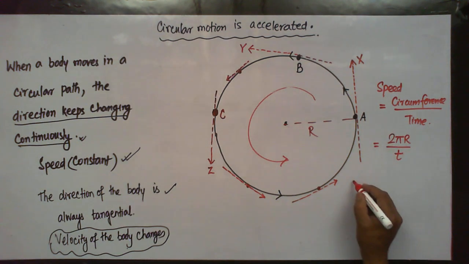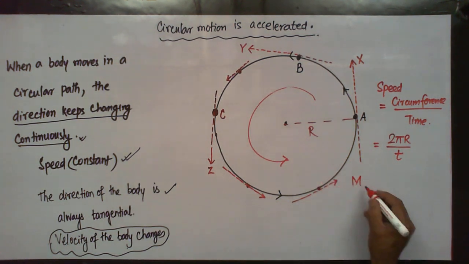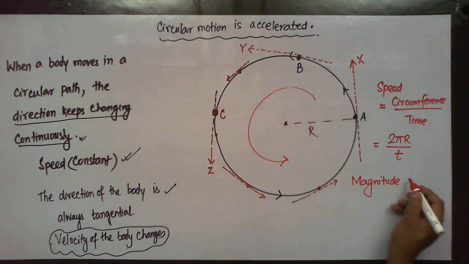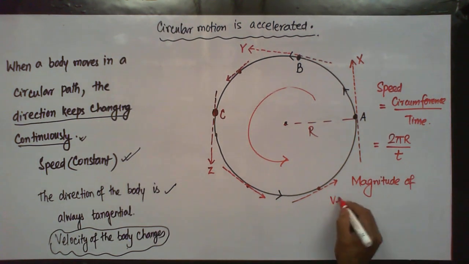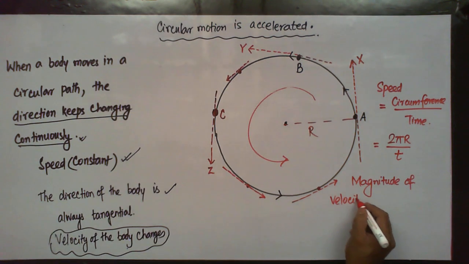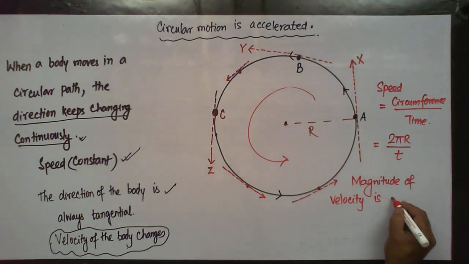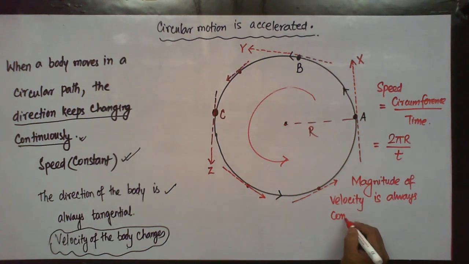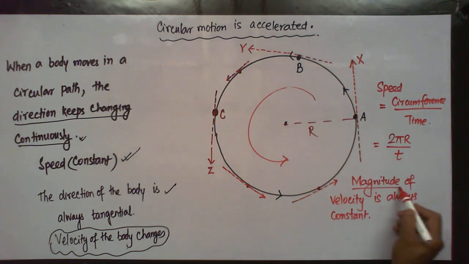So magnitude of velocity, in this case, always remember, magnitude of velocity is always constant, but what about the direction? Direction keeps changing.